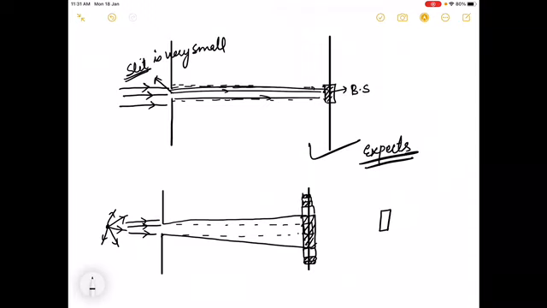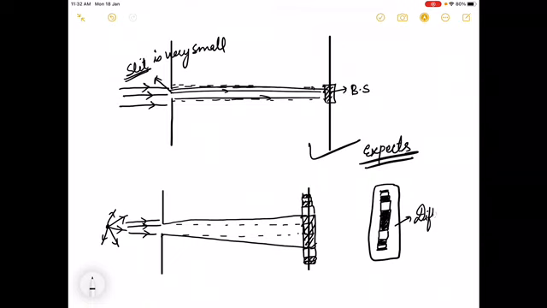At the center the bright spot, then on the two sides you will see dark spots, then again a bright spot, but this time the intensity will be much reduced. Then again a smaller dark spot, then again a bright spot, but the intensity will be much reduced. So you will see this kind of pattern. This pattern is what you call your diffraction pattern.